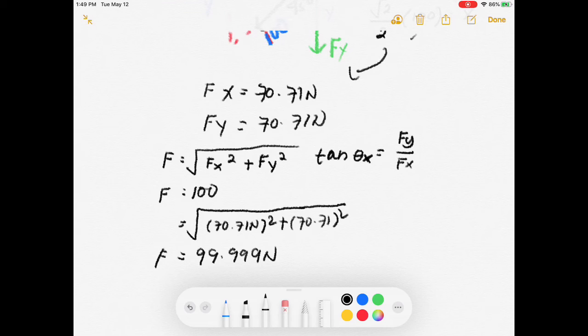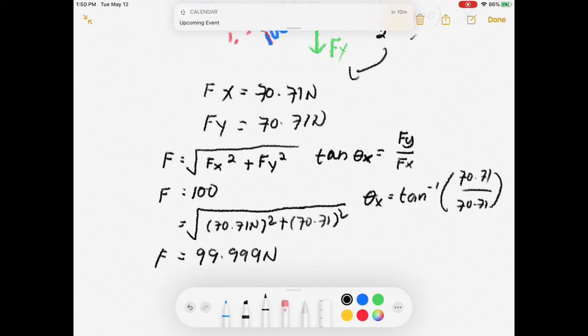For the tangent, since it's theta, use arctangent to move the tangent to the other side: arctangent of 70.71 over 70.71. You'll get 45 degrees.